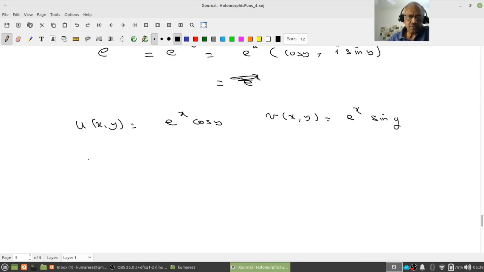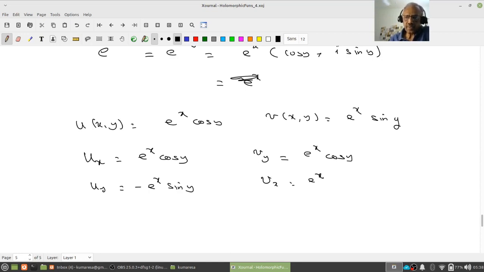Now let us look at what is u of x. u of x is e power x cos y, and u of y is minus e power x sin y, and v of y is e power x cos y, and v of x is e power x sin y, right?